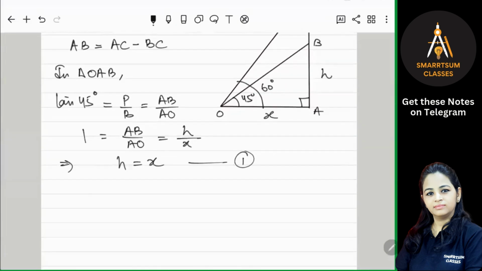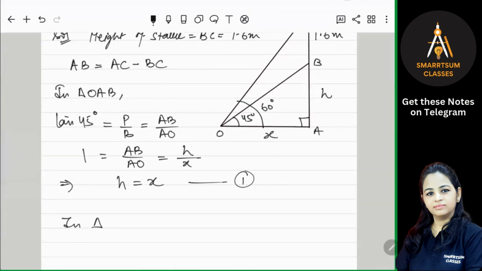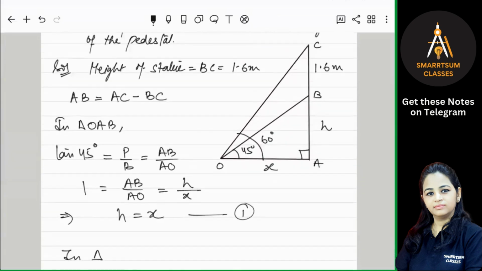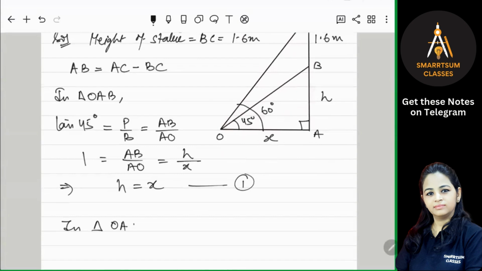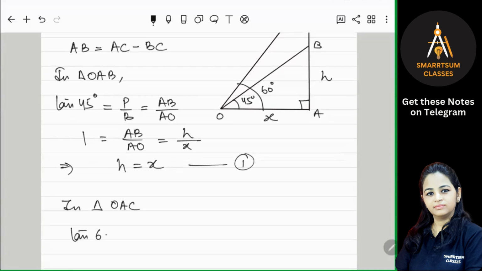Now again in right angle triangle, the bigger one, that is OAC. In the bigger triangle, again tan 60 degree, tan theta, is equal to perpendicular upon base, right? What is perpendicular here?